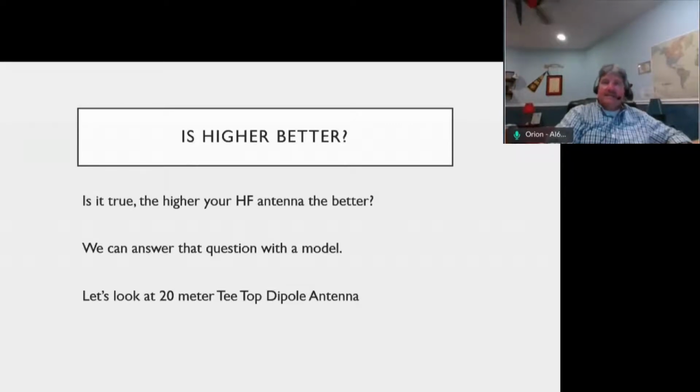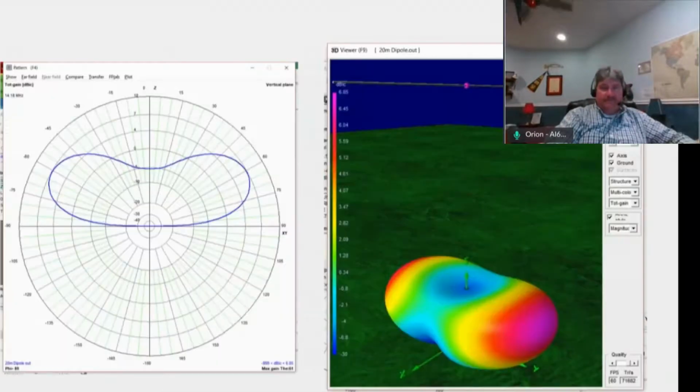What I did in this case is I took a 20 meter dipole, because it's smaller and makes more sense in reality. So we're going to look at a 20 meter antenna and put that 20 meter antenna at 33 feet. 33 feet on a 20 meter antenna is roughly half a wavelength.